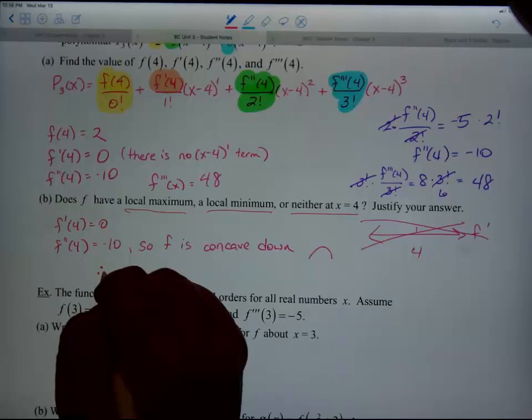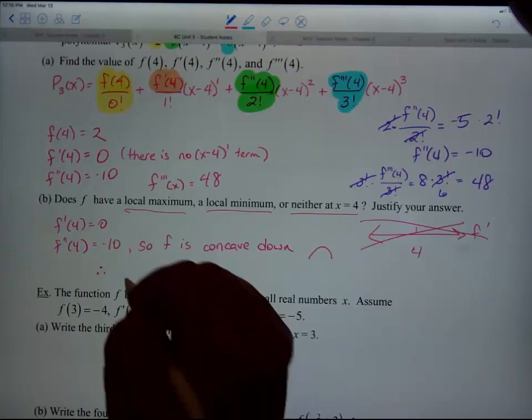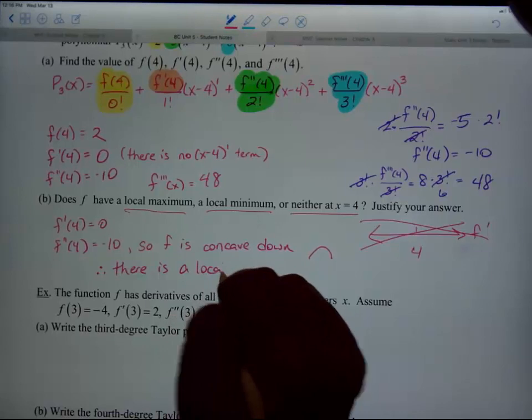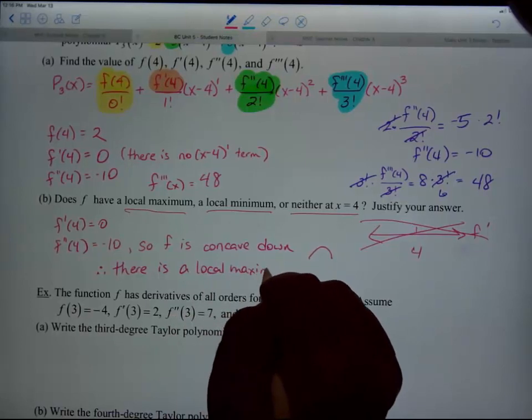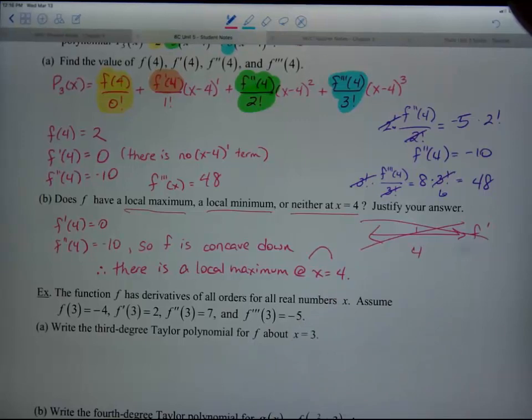So at 4, does it have a max or min or neither? It has a max. Therefore, there is a local maximum at x equals 4. And I have just justified my answer because I used the second derivative knowledge to find out what that max or min was.